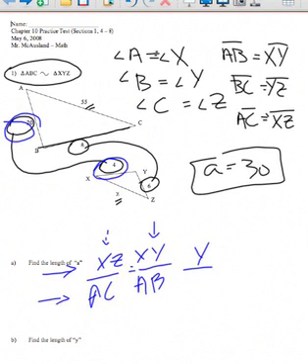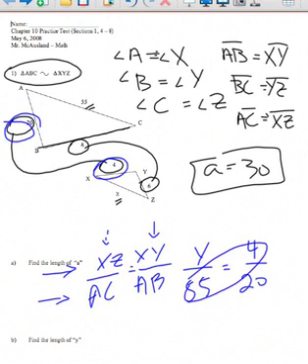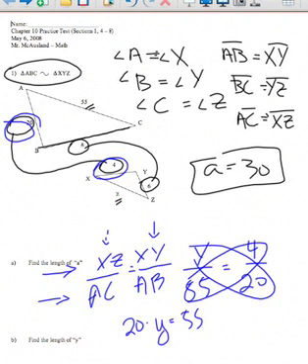So XZ, now we're going to plug in values, is Y. AC is going to be 55. And then XY is 4, and AB is 20. Again, you want to cross product, and we're left with 20 times Y equals 55 times 4. 20 times Y is 20Y. 55 times 4 is 220.